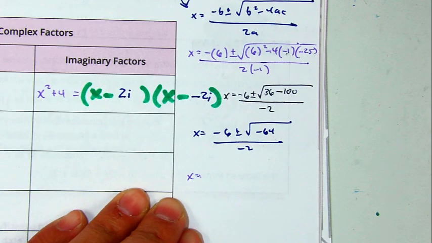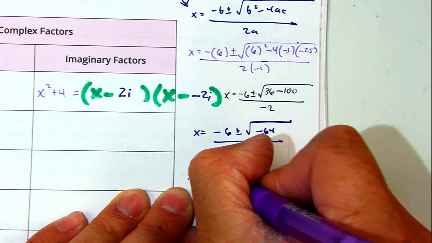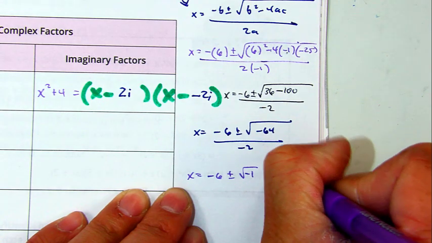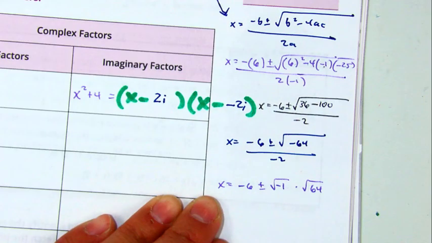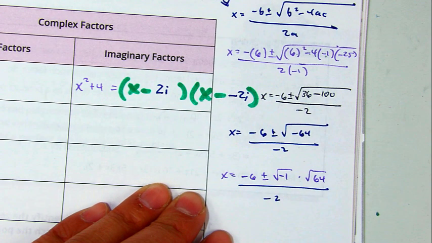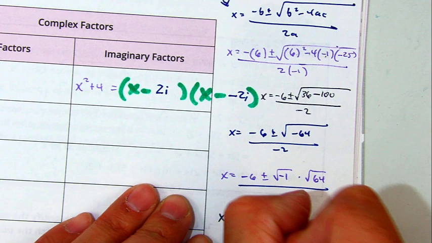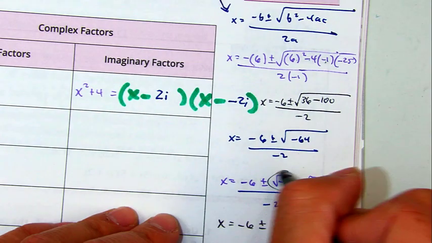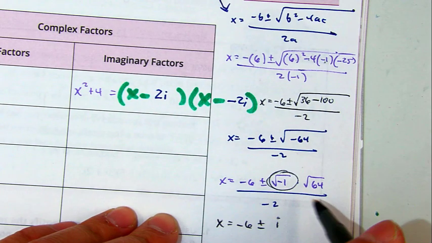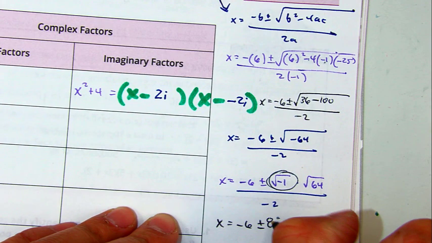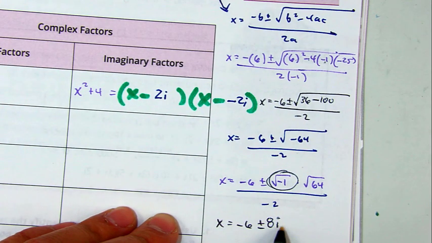Then I have x equals negative 6 plus or minus the square root of negative 1 times the square root of 64, all over negative 2. So now I have negative 6 plus or minus the square root of negative 1, which is i, and the square root of 64 is 8. Now they normally like to write the 8 first. Again, treat i like a variable like x, so they would like 8i over negative 2.